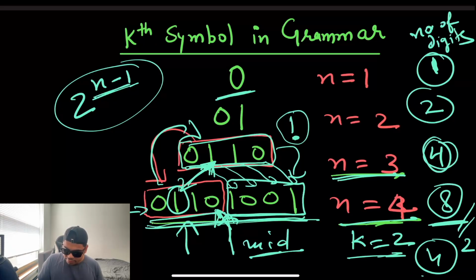If I do that, when k is equal to 2, I will find the mid right here, and check if my k is lesser than or greater than the mid. Right now it's lesser than or equal to, so I would call n minus 1 again.